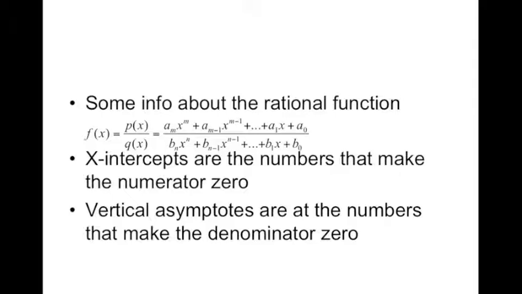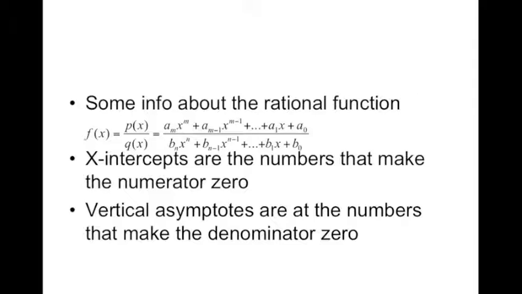x-intercepts are the numbers that make the numerator equal to 0. A fraction is equal to 0 when the top is equal to 0. So to find our x-intercepts, we are going to set the top of this thing equal to 0. We'll do that part by hand. Vertical asymptotes are where the denominator equals 0. We talked about this yesterday. Dividing by 0 is a big no-no.